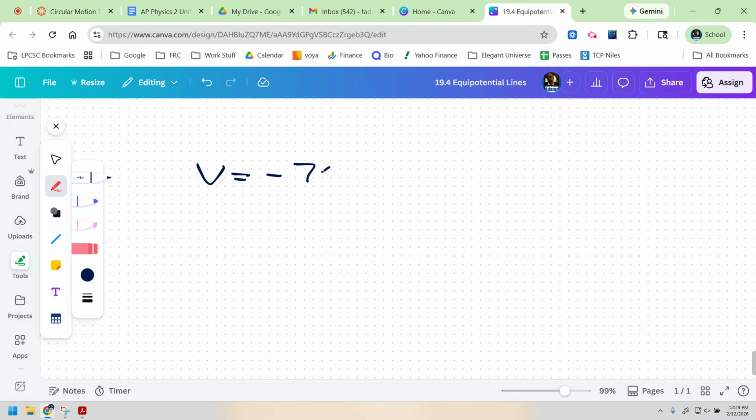Negative 70 millivolts. And this is due mainly to negatively charged ions in the cell and the predominance of positively charged sodium ions. So remember that sodium, that's what salt is.